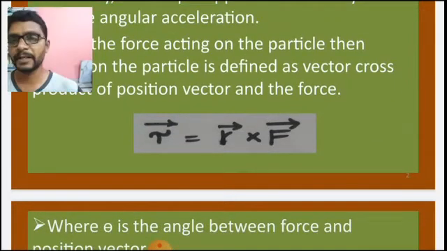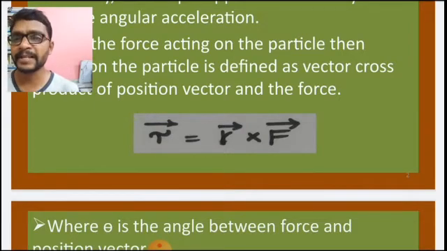See in the picture given, tau bar is equal to r bar cross F bar. If you remove the cross product, what do we get? Tau is equal to r F sin theta, right?